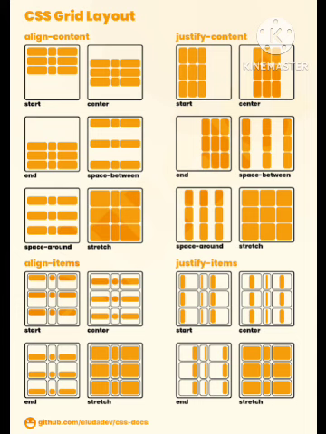In grid also we have the justify content property, just the same as in flex layout. What is the difference between justify content and justify items? Justify items is only cell specific.